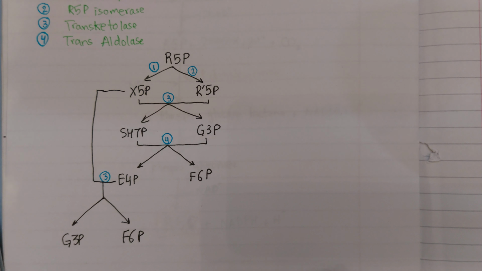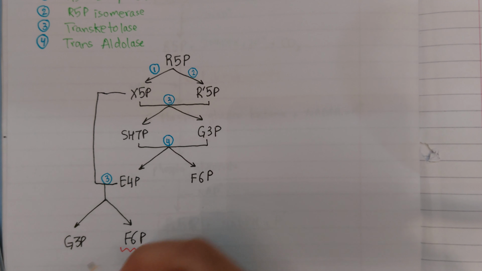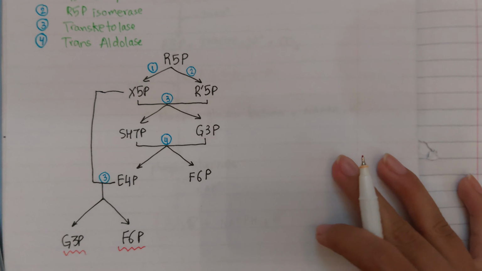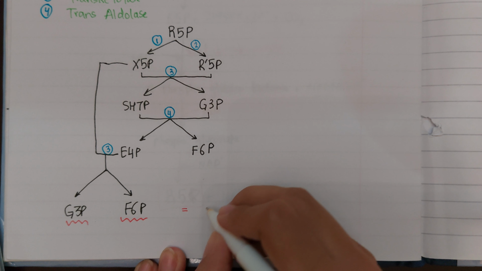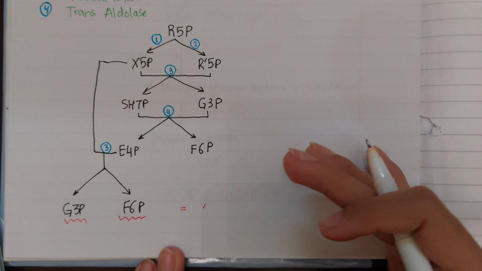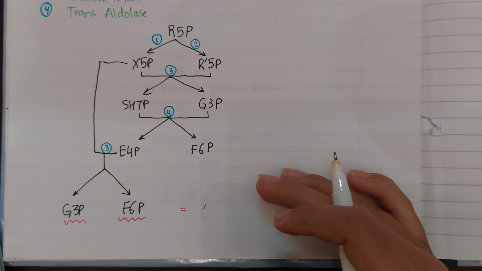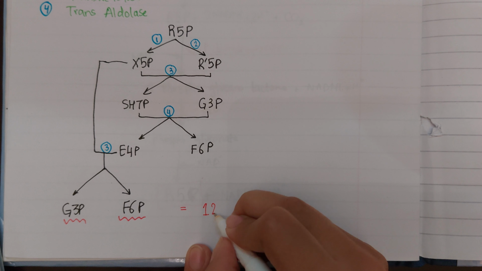So how many ATPs does this reaction essentially produce? We got the desired products that we talked about. The thing about this hexose monophosphate shunt is that it doesn't produce ATPs, it just produces NADPH.